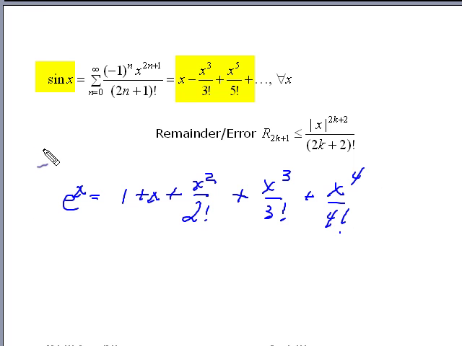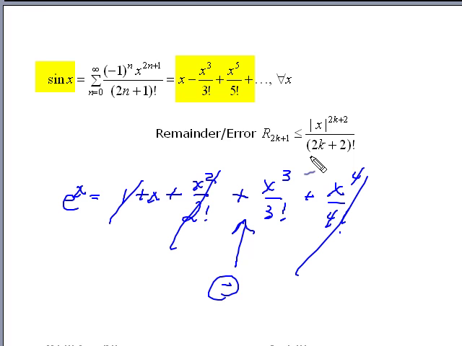Alright, now for sine x, it's very similar. Of course, you don't have these even terms. Those are gone. And then the signs are alternating. But you can see a similarity. You're dividing by the factorial. The factorial equals the power of x. Of course, you know what cosine looks like.